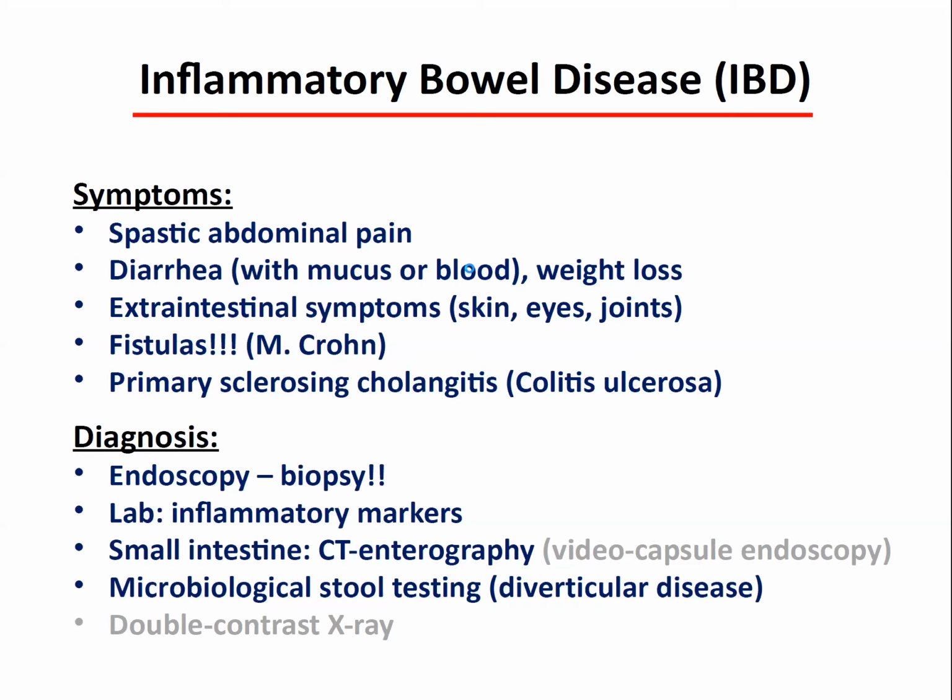And that means an endoscopy or rectoscopy and biopsy should be taken. In the patient, we should check the inflammatory markers such as CRP, for example, or procalcitonin can be checked. And in the small intestine, CT enterography, sometimes video capsule can be used to see how the internal structure of the intestine looks.